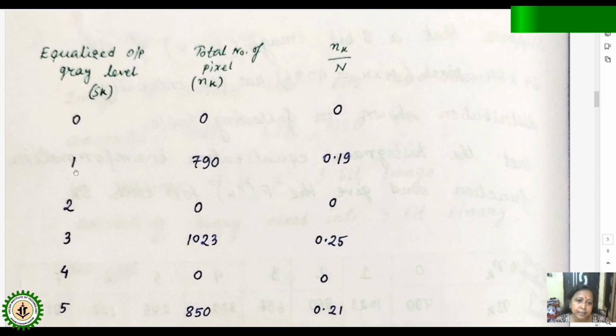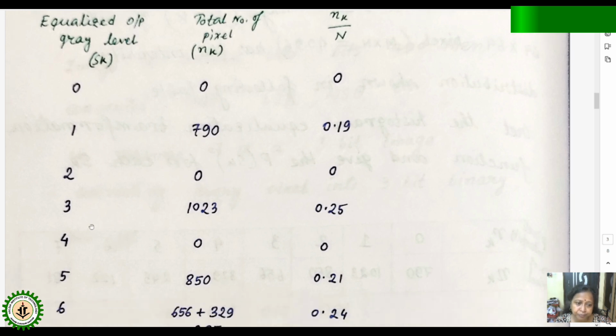For the input gray level value 1, the output gray level value is 1, with 790 pixels. Output gray level value 2, total number of pixels is 0. Output gray level value 3, total number of pixels is 1023.